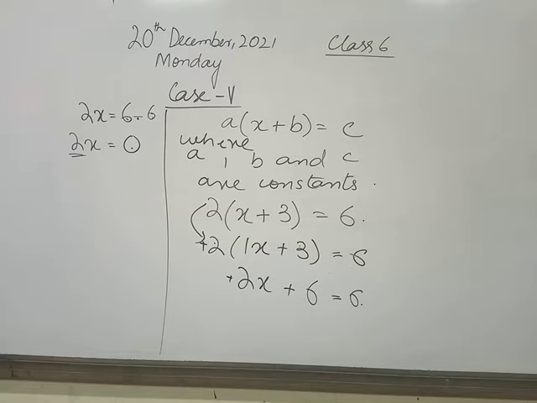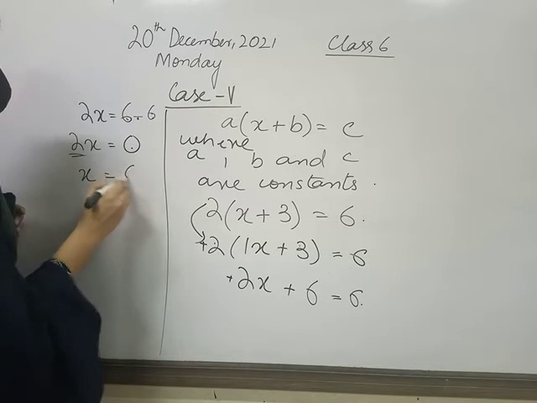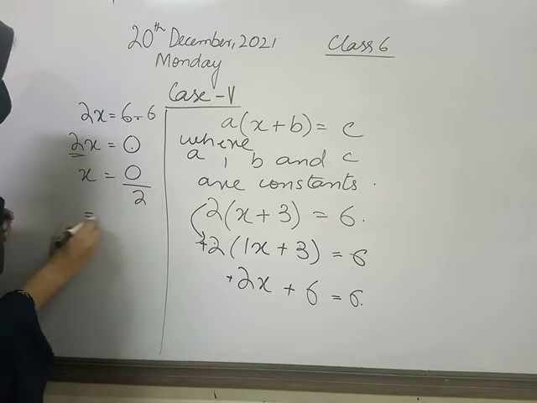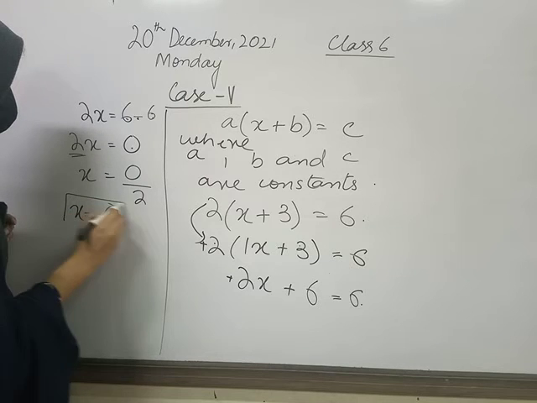Now I am going to use the relation of inverse, which is division. As you know, we have multiplication in between of 2 and x, so we will apply inverse relation, which is division. Now I am going to shift 2 to the next side, 0 by 2, which is equals to 0.